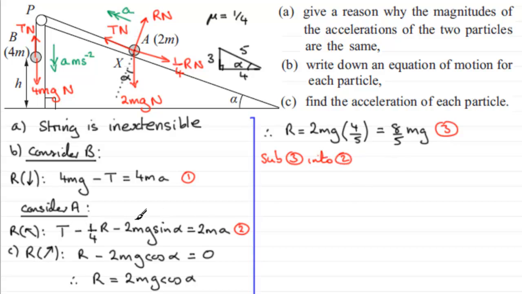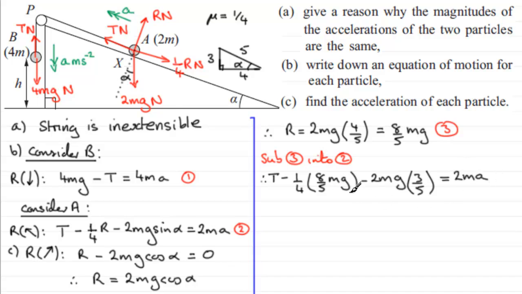So if we just say that here, sub 3 into 2, then what do we get? Well, we've got T minus 1/4 times R, which is 8/5 mg, and then we've got minus 2mg, and then it says sine alpha. Let's take the opportunity of writing sine alpha in as opposite over hypotenuse, which is 3/5, and this equals 2ma.